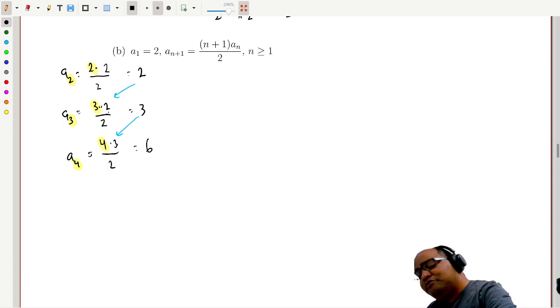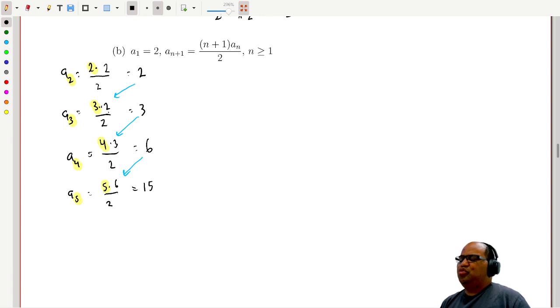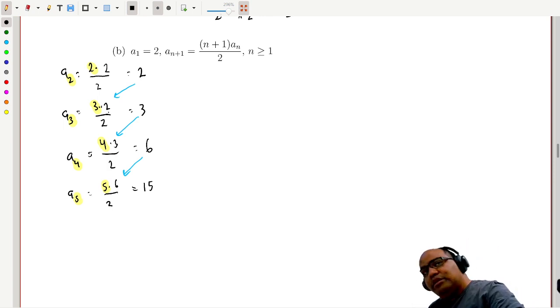Well, careful. a_5: 5 times 6 over 2. We'll do some more colors here. That is 15. 2, 2, 3, 6, 15 doesn't really seem like anything yet. One more just for good measure.